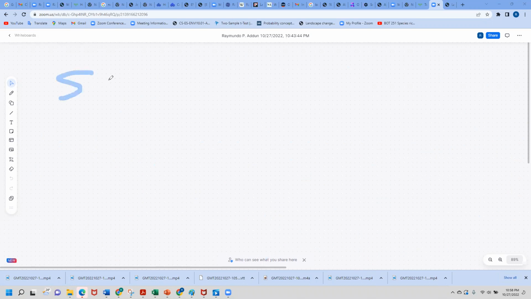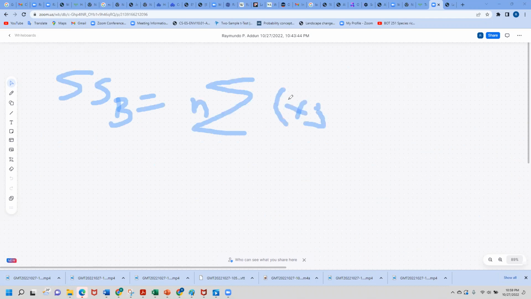The sum of squares between is equal to n times the sum of each xj, where xj is the average of the jth group, in this case A, B, or C, minus the grand mean, squared, and multiplied by, in this case, 3, n.